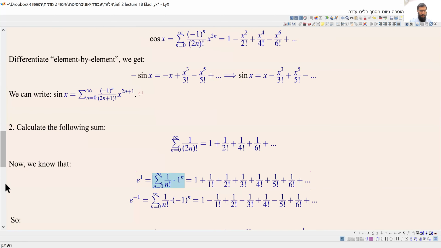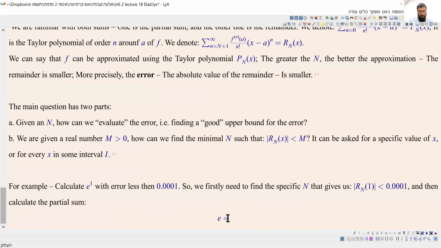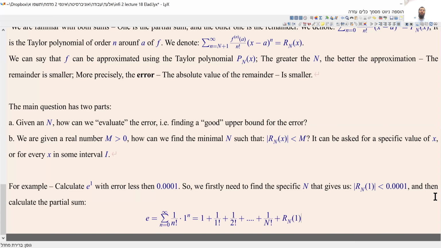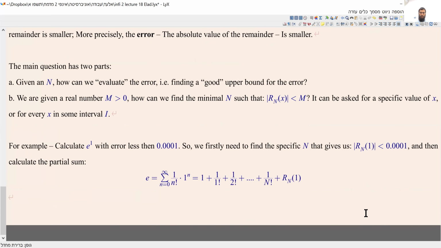which is 1 plus 1 over 1 plus 1 over 2, and so on, till 1 over n factorial, and then the remainder at 1, because we put x equals 1 here.